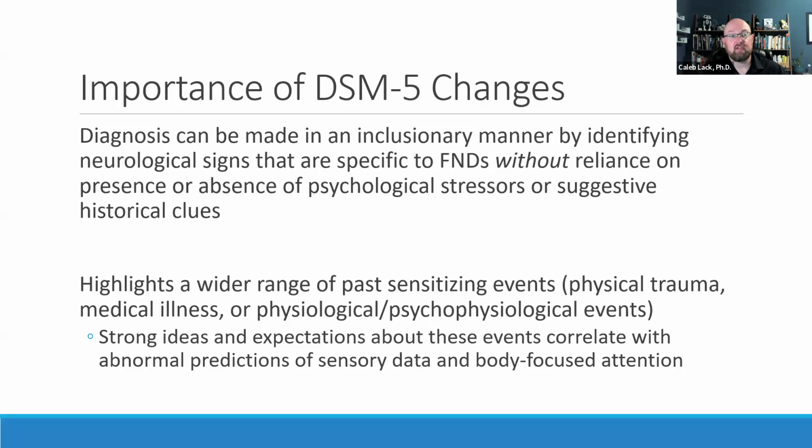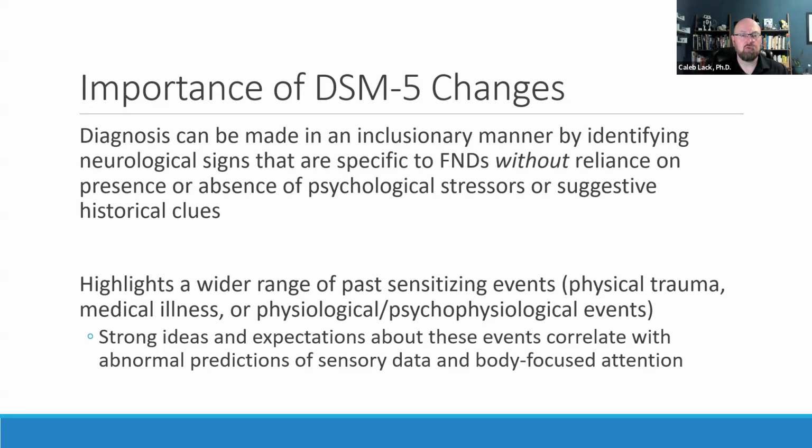One of the big reasons why they tried to highlight that is that there's a lot of research now showing that your ideas and your expectations about how you respond to different kinds of events, what we call these sensitizing events, really show a strong relationship with how I'm interpreting and predicting what kind of sensory and bodily focus changes I might have.